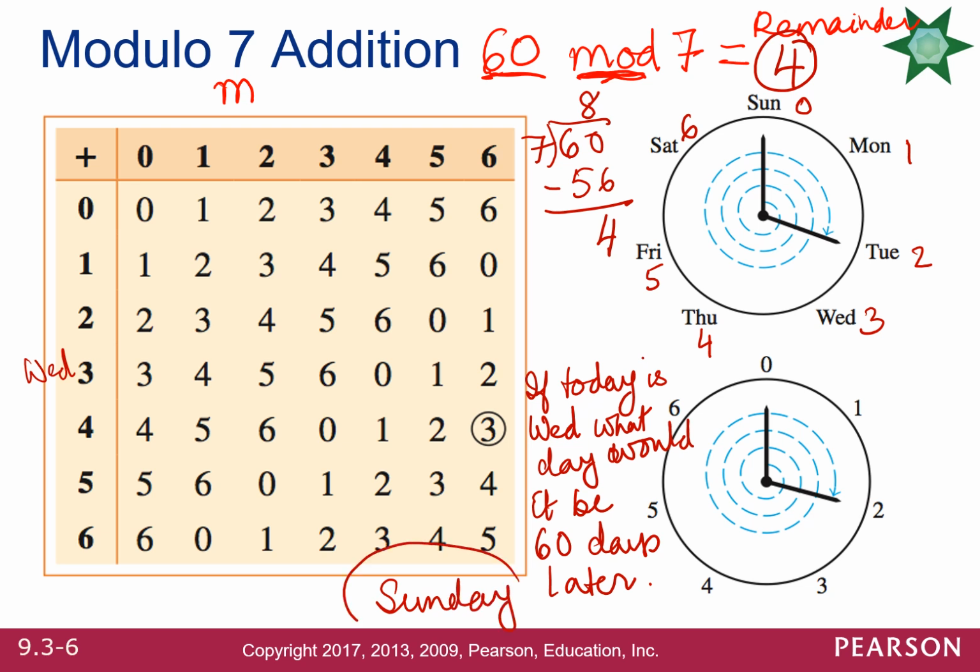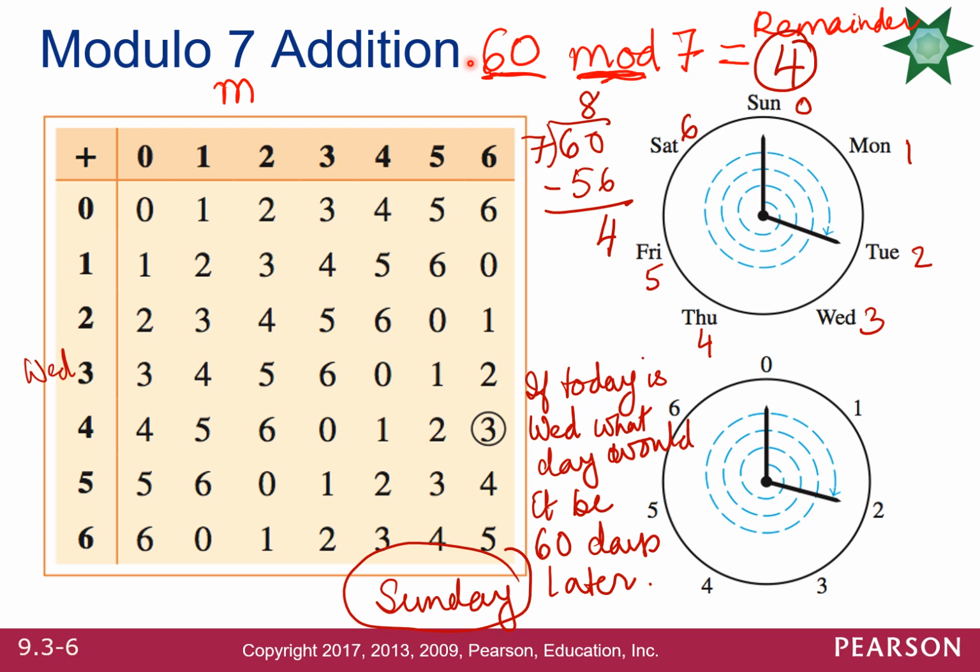All right. So this is an example of an application of modular arithmetic, and as you saw, we can solve this kind of problem very easily using modular arithmetic. In the same fashion, if they ask you, if today is a Wednesday, what would it be 375 days later?